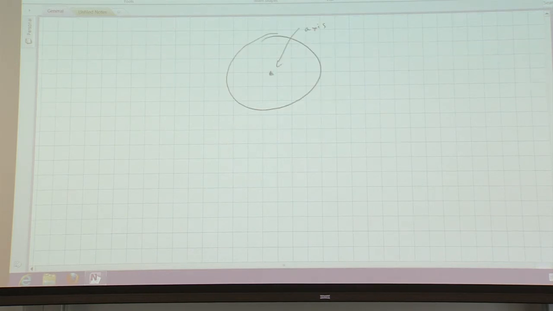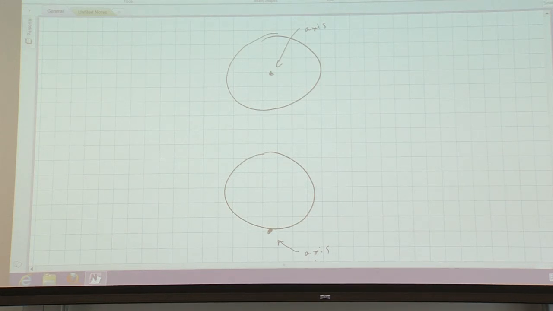Solid disk rotating, not about its center point, but about a point on the rim there. Okay, so instead of spinning about its center point, it's rotating about a point on the rim. That is not easy.